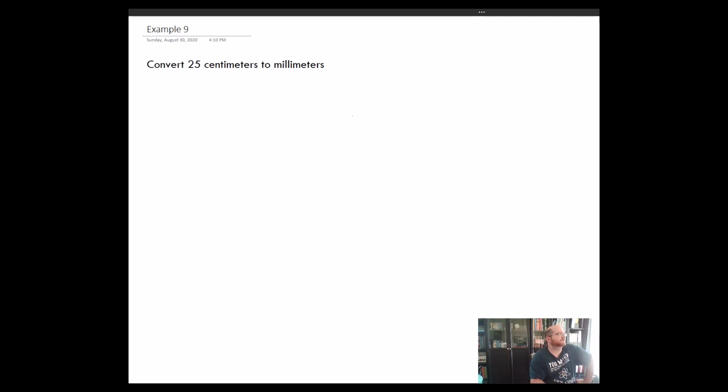Alright, in this last one we're going to be converting one metric prefix to another. Alright, now centi is going to be cm. Alright, that's times 10 to the negative 2. Milli is times 10 to the negative 3.